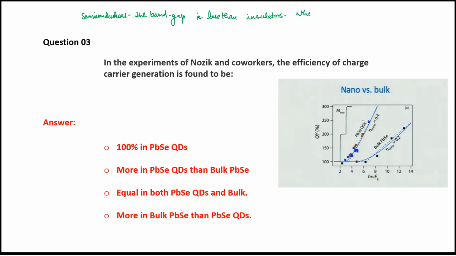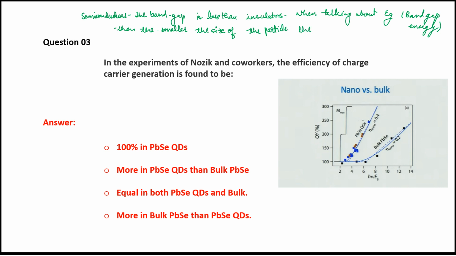Now, when talking about EG, the band gap energy, the smaller the size of the particle, the lesser is the band gap.